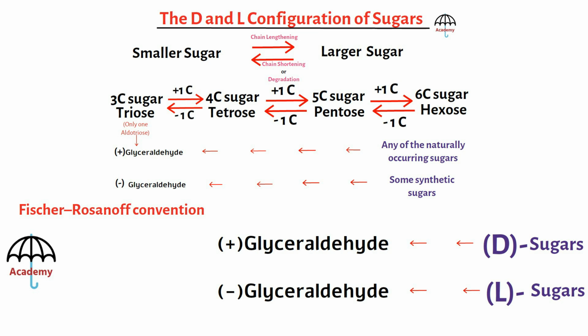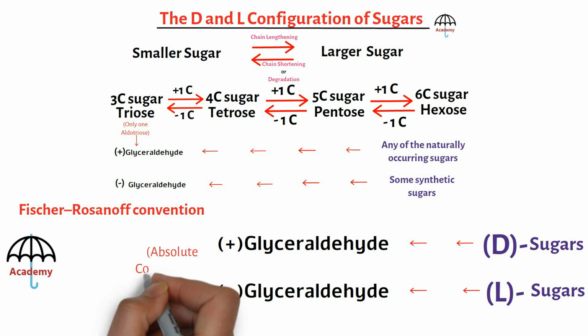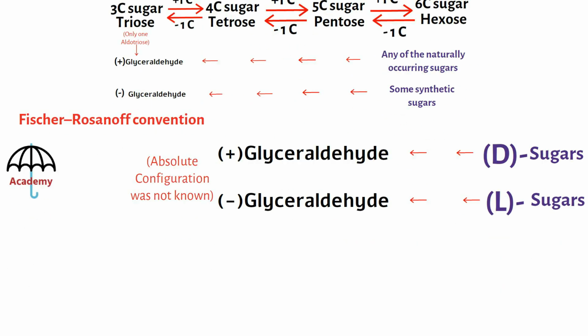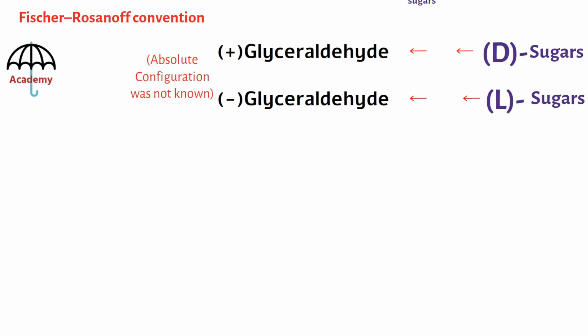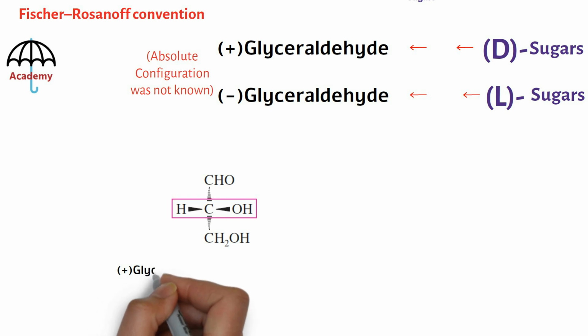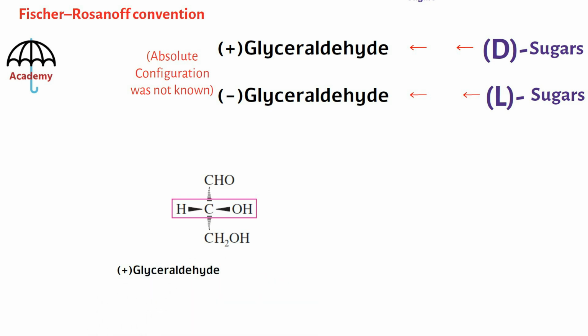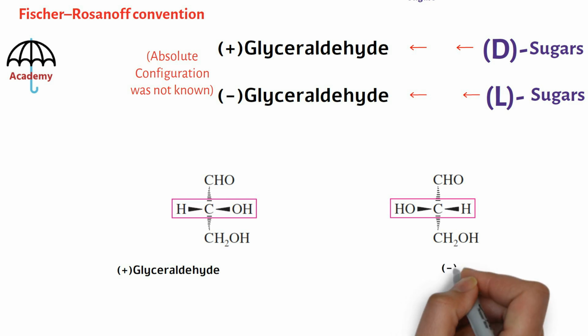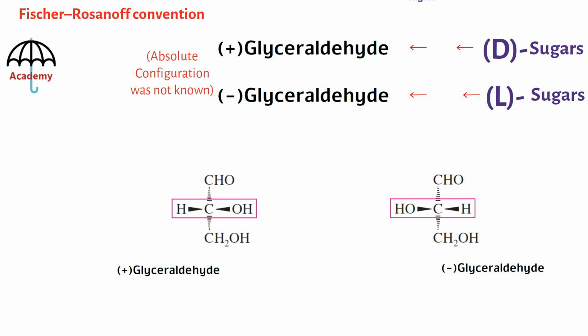Although these chemists did not know the absolute configurations of any of these sugars at that time, the D and L relative configurations were useful to distinguish the naturally occurring D sugars from their unnatural L-enantiomers. We now know that this is the absolute configuration of plus glyceraldehyde. And this is the absolute configuration of minus glyceraldehyde.